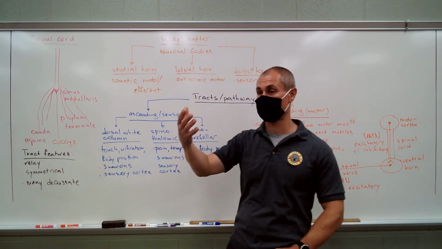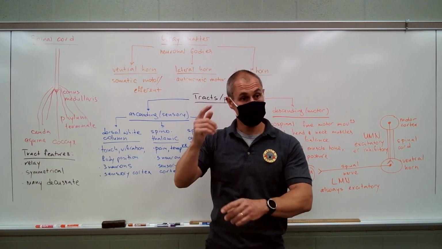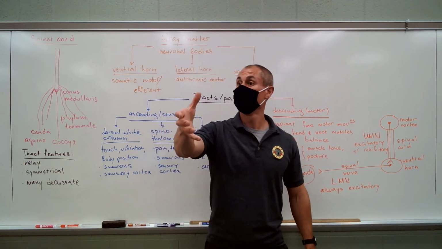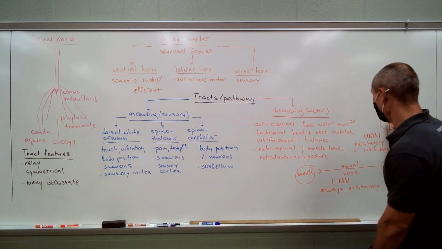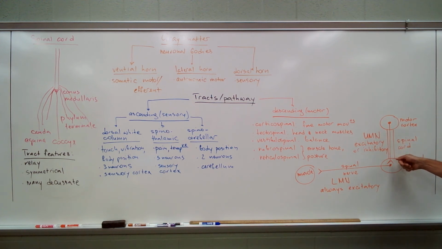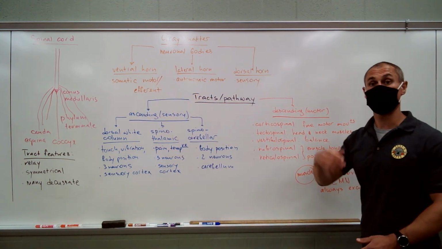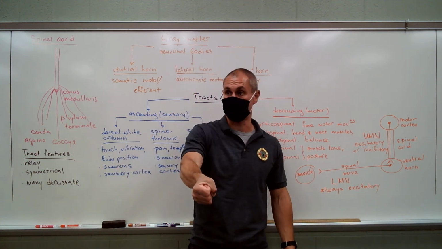So my sensory cortex realizes, okay, there is a squeeze. Relays the info to the motor cortex. Motor cortex says, okay, I'm going to crush this guy. Sends the signal through the excitatory upper motor neuron, which relays it in the ventral horn to the lower motor neuron, which sends the input to my muscles, activates them, and I crush the guy.